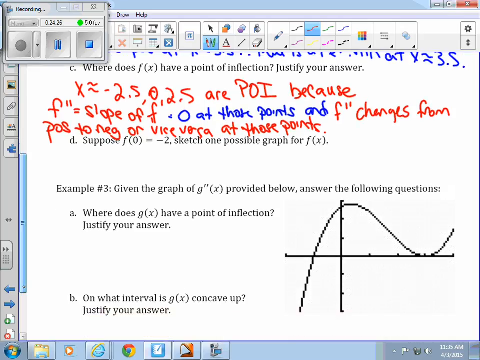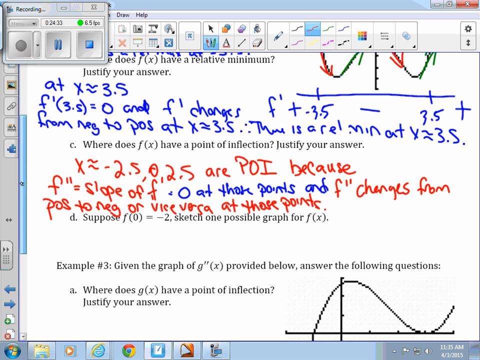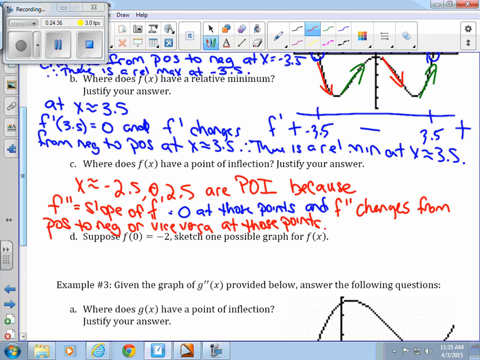Okay. Suppose f of 0 equals -2. Sketch one possible graph for f of x. So it tells me that f of 0 equals -2. Why do you think it had to tell me that?